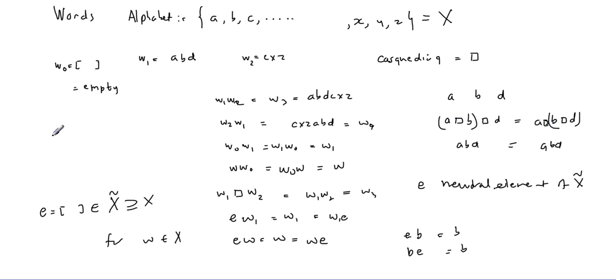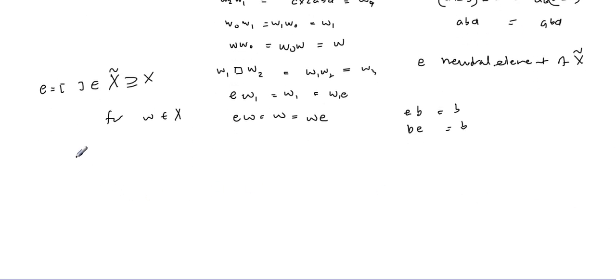Yes. So in X bar, the set of words, you have to endow it with our operation. So now a set is not just a set standalone, it's a set with an operation, then it's a structure. So this is a structure, and this is a structure.